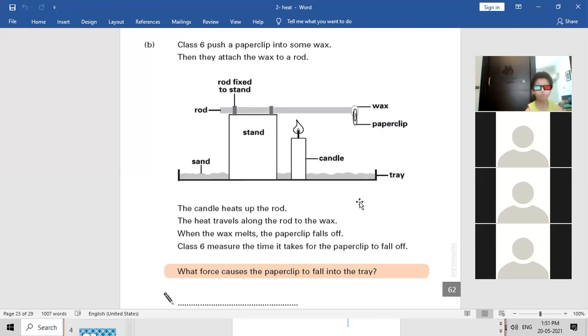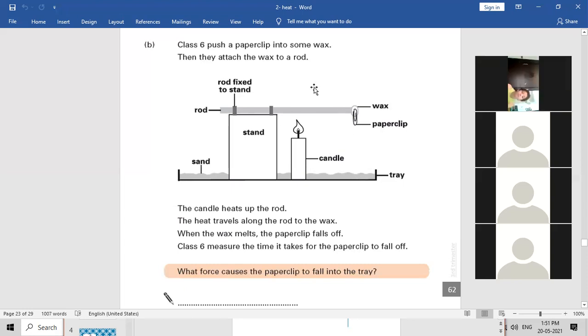So now what they're doing is that, according to what material the rod is made of, we will know when the paper clip will fall. Okay, Hamza, if the rod is made of metal, will the paper clip fall faster, or if the rod is made of plastic?